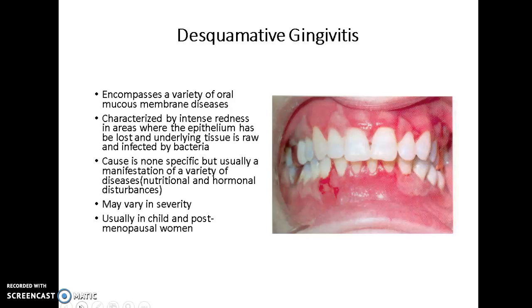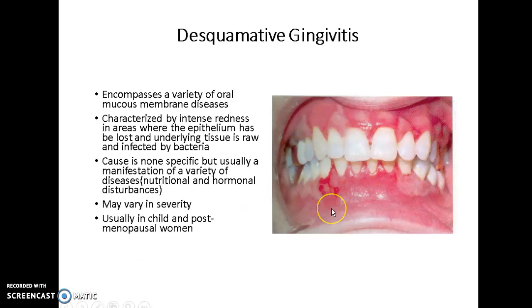Its cause is not specific, but it is usually a manifestation of a variety of diseases, usually nutritional and hormonal disturbances. So they're not getting enough vitamins, not getting enough nutrition from fruits, vegetables, and that sort of thing. It may vary in severity, and it's usually common in childbearing and postmenopausal women.